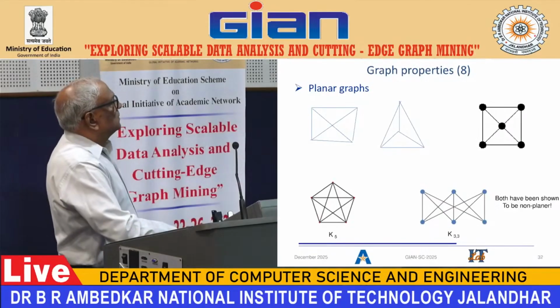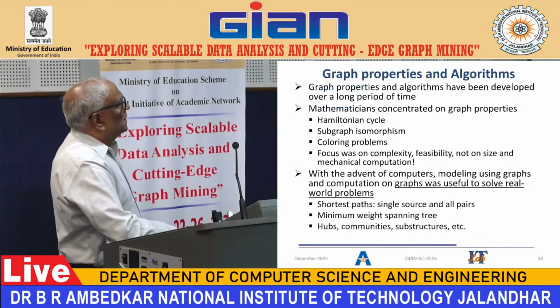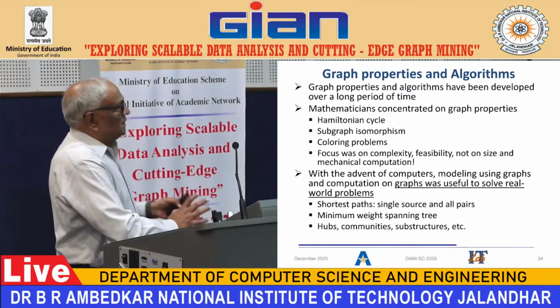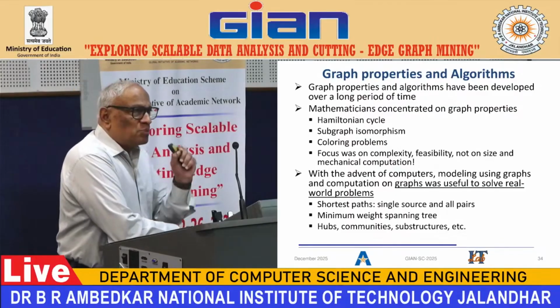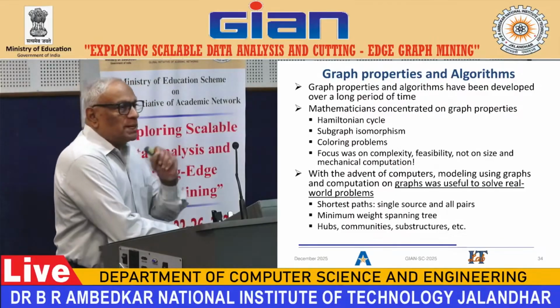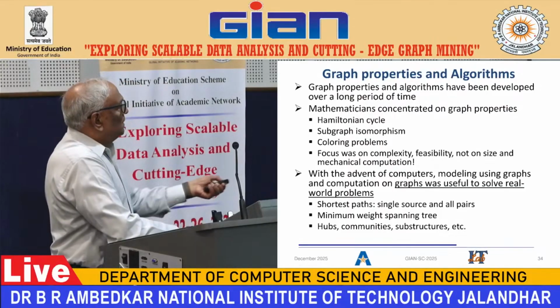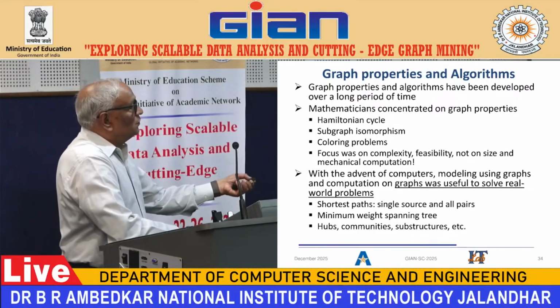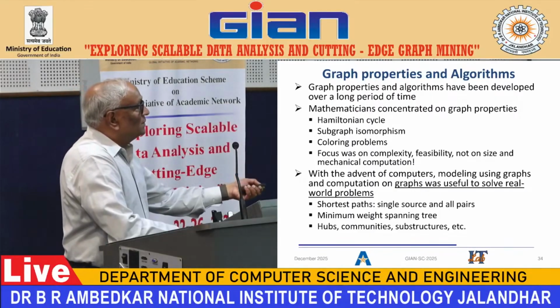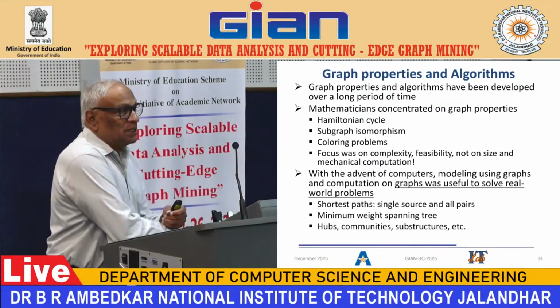So, graph properties and algorithms have been developed over a long period of time. The difference is mathematicians concentrated on proving graph properties, Hamiltonian cycles, subgraphs, coloring problems. Focus was on complexity and feasibility, not on the size and mechanical computation.